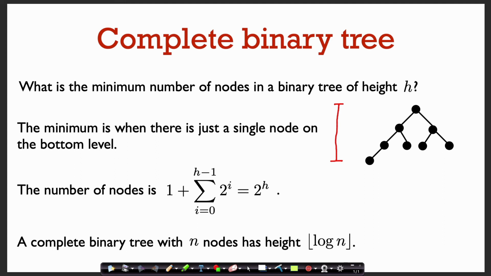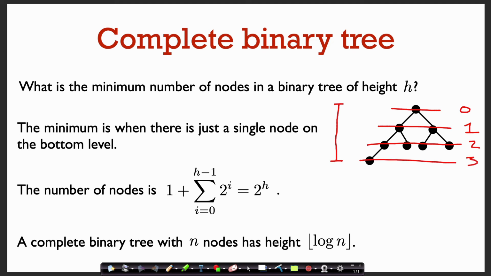So let's think of this as level 0. This is level 1. This is level 2. Okay, and now every level before we get to the last level. So this is level 3, which is the height of the tree.